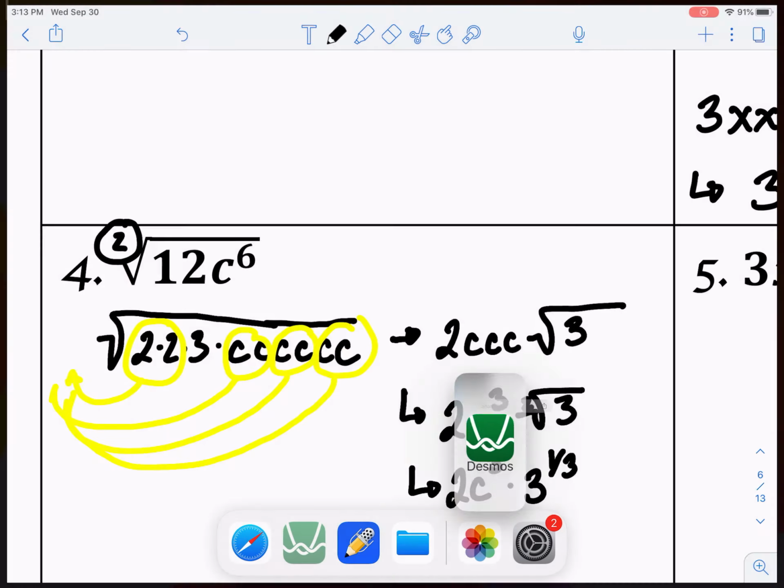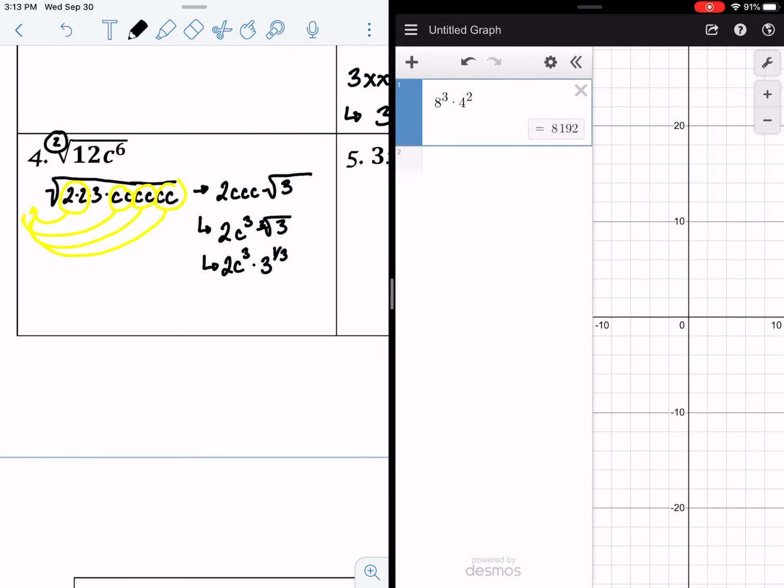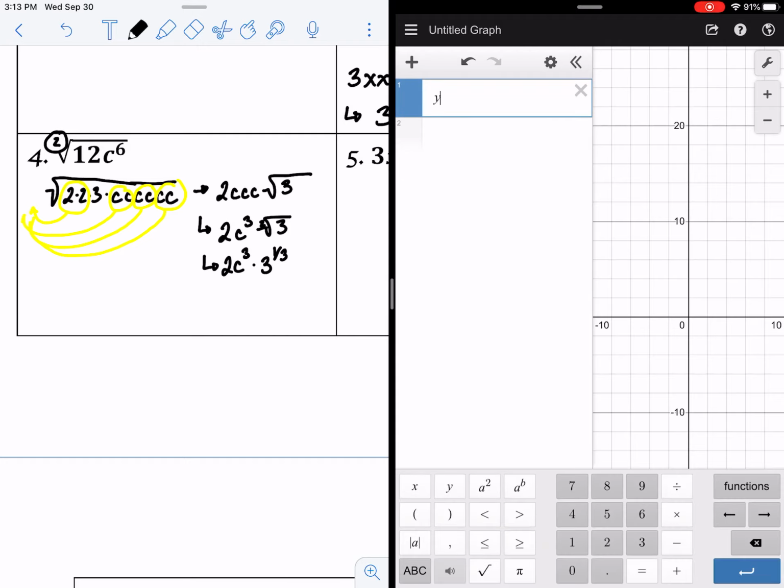All right, and if this is correct, my graphs overlap. So y equals the square root of 12c to the 6th.